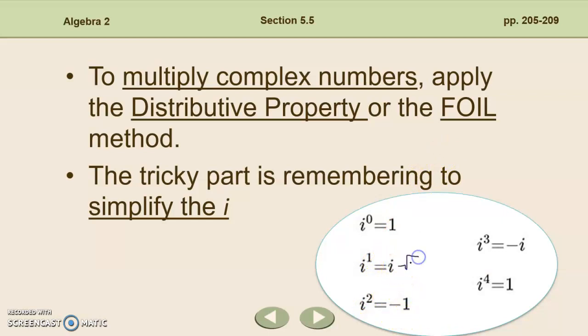Remember that i is the root of negative 1. So i squared is the square root of negative 1, squared. And the square just undoes the root, which leaves us with negative 1. i cubed would be i squared, negative 1, times i, negative i, and i to the fourth equals 1.